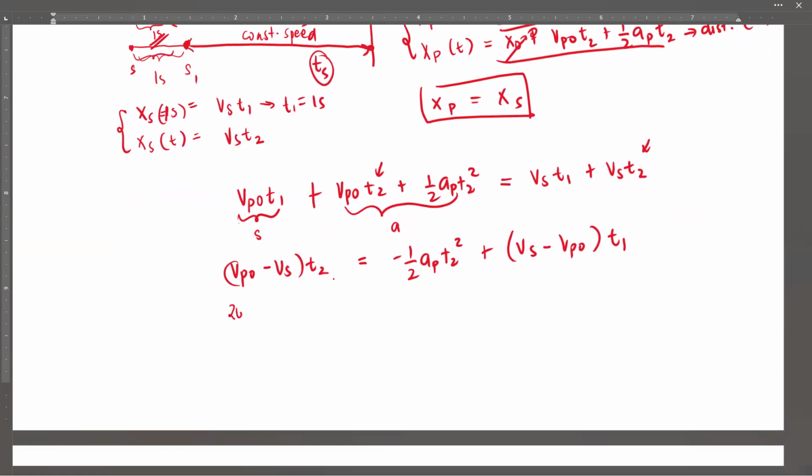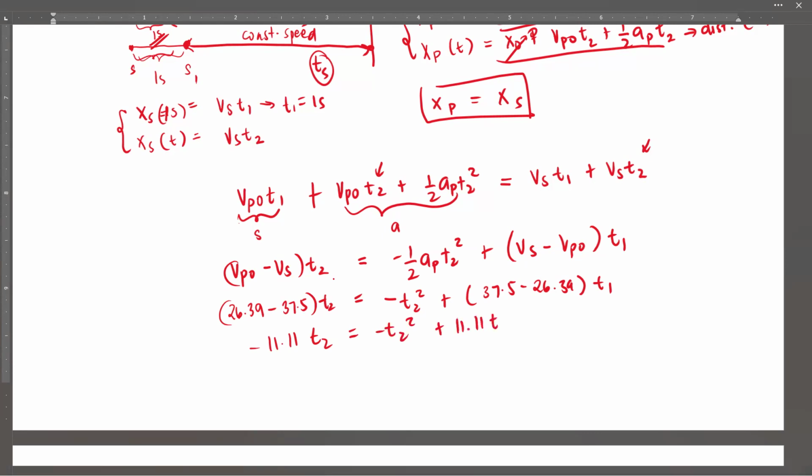So, Vp naught is 26.39 minus 37.5 T2 is equal to negative 1 half times 2 is simply negative T2 squared plus, again, this one is 37.5 minus 26.39 T1. Okay, so this gives us 11.11 negative T2 is equal to negative T2 squared plus 11.11 T1.